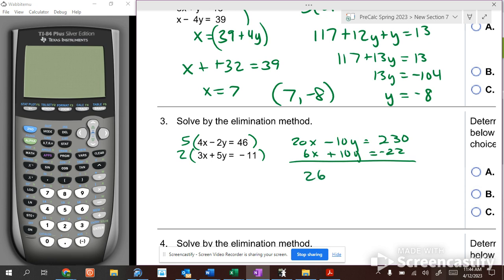So 26x equals 208. 208 divided by 26. Somebody take 208 divided by 26. 8 again. So if that's 8 and we plug this in, 4 times 8 is 32, plus another 14 makes 46, so y must equal negative 7.